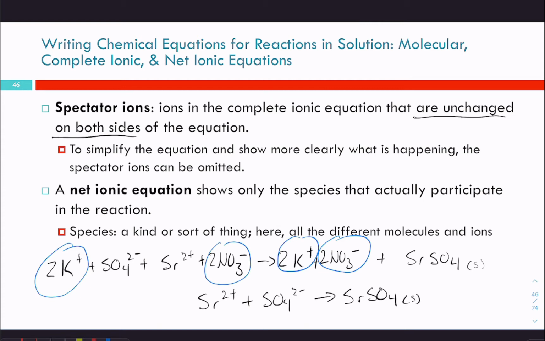So our net ionic equation, as opposed to the complete ionic equation, shows us just the species that are actually participating in a reaction. So just simplified.